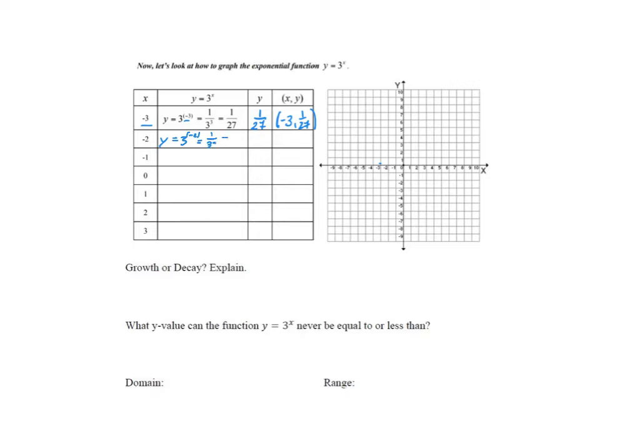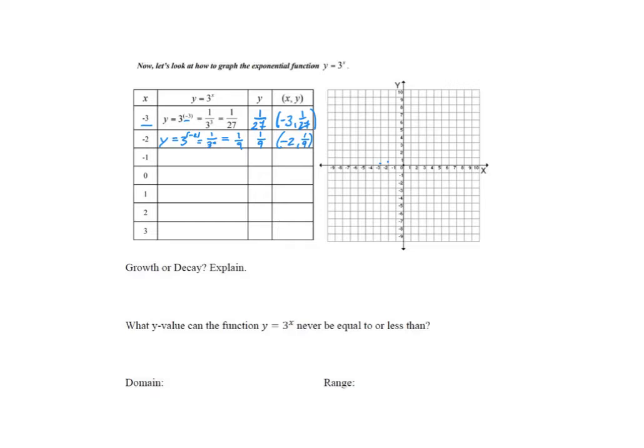And I know that 3 squared is 9, so I end up with 1/9 as my output. So when I have -2 as an input, I have positive 1/9 as an output. So -2, 1/9 is the ordered pair that I'm going to look at here. That is larger than 1 over 27. It still is very, very small.